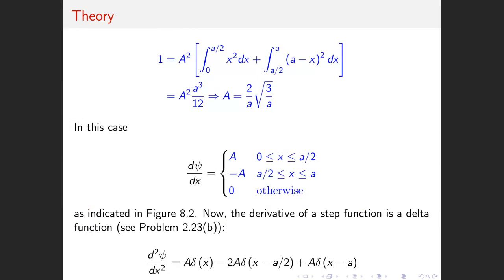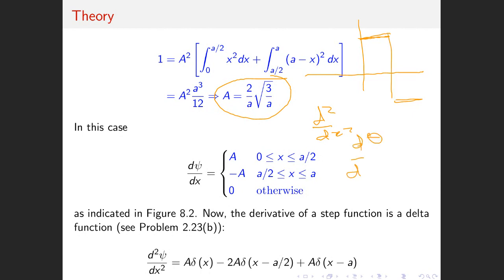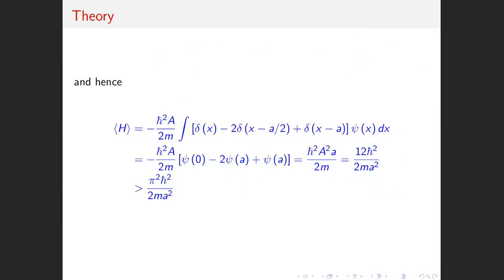This is your a. However, you also have to find what is d2 over dx squared, and if you differentiate that, you get this is a there and this is minus a there, which is a step function, and you have to use the fact that the derivative of the step function is the Dirac delta function. Once you have d2, plug that in there, then again do the algebra.